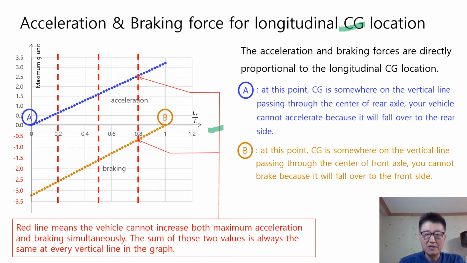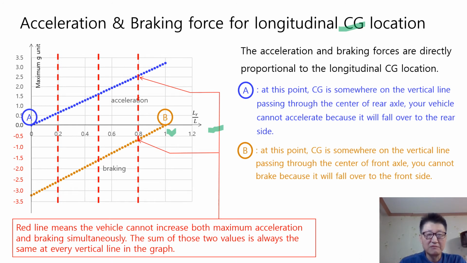Your vehicle cannot accelerate because it will fall over to the rear side. At the point B, here, CG is somewhere on the vertical line passing through the center of front axle. You cannot brake because it will fall over to the front side.